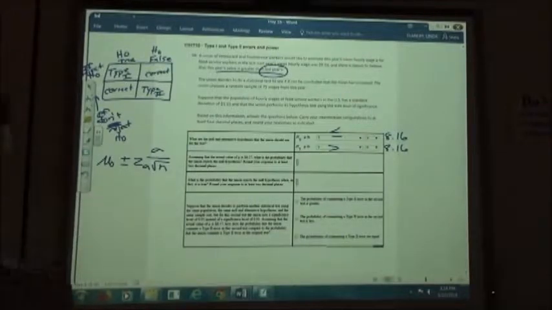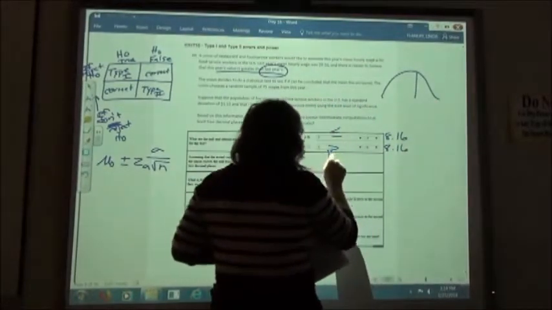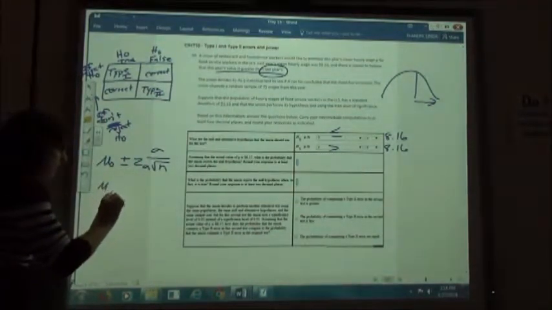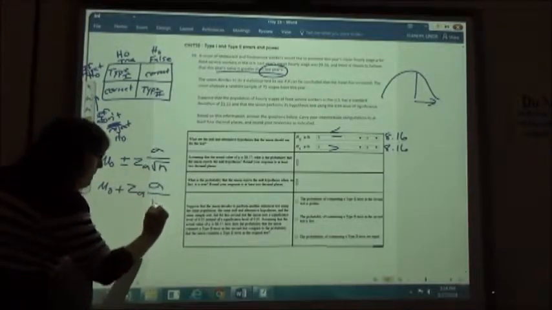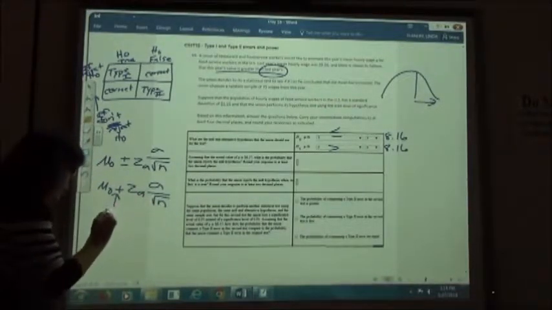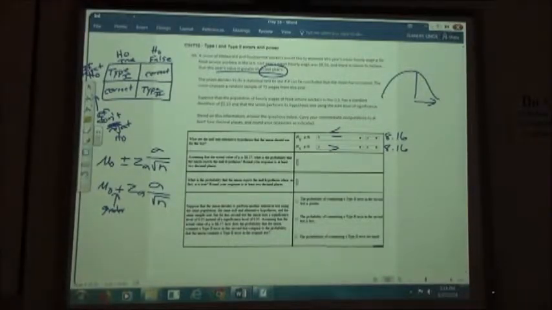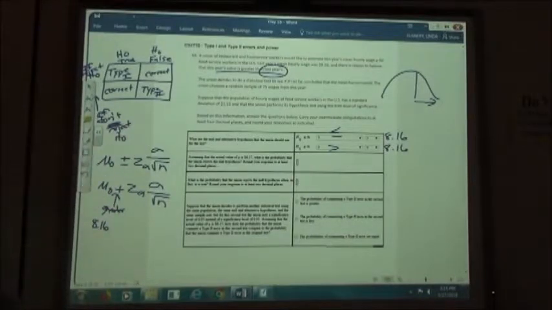So in this case, we are going to use the greater than, right? The greater than means we're going to use the plus sign and not the minus sign on this problem. So I'm going to put that little note there so you know why I use the plus. So, my mean value here is the $8.16 that we had.